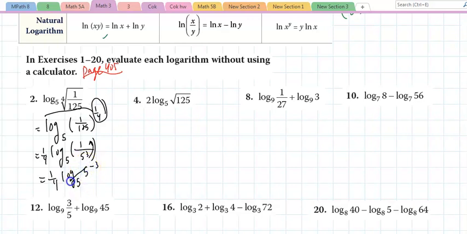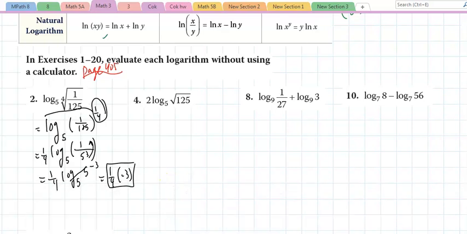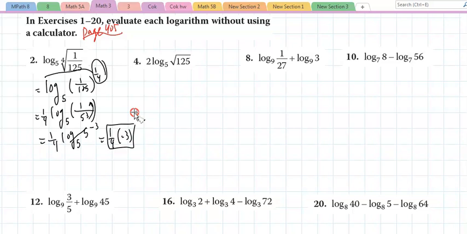And those undo each other. And you're left with 1/4 of negative 3, which is negative 3/4. And there it is.